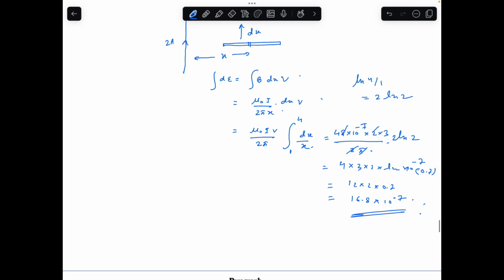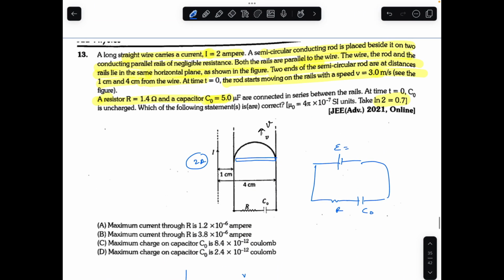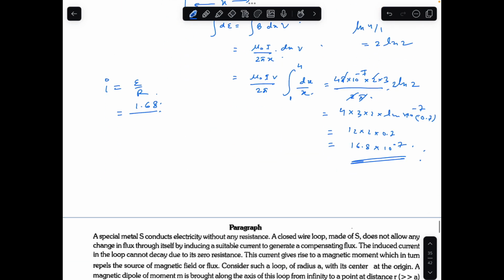So once you got this, what is the current in the circuit? Current is E by R. So write 16.8 divided by R, they have given 1.4 ohm, 1.4 into 10 to the power minus 7. So that is 12 into 10 to the power minus 7, 1.2 into 10 to the power minus 6, I. What is Q?